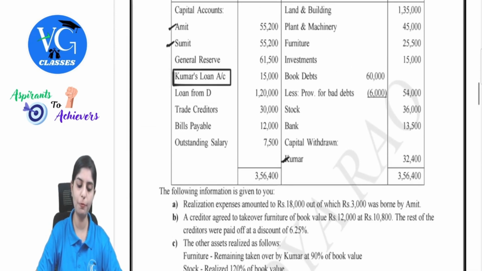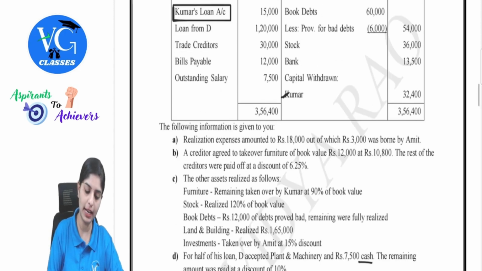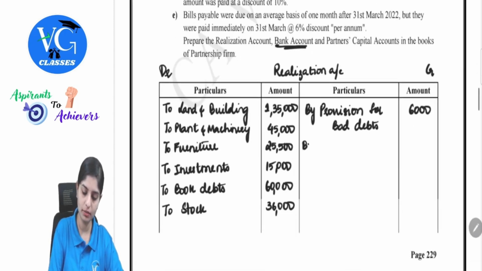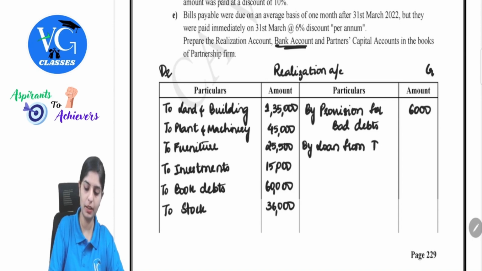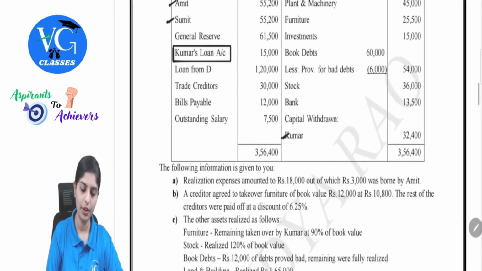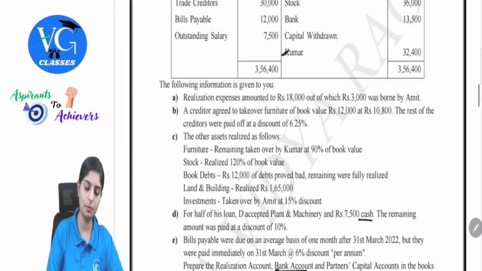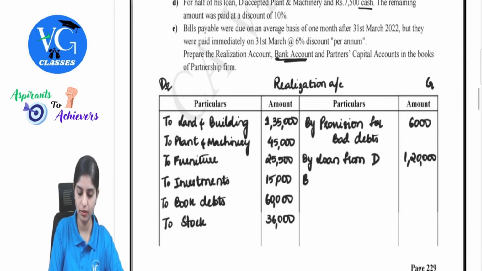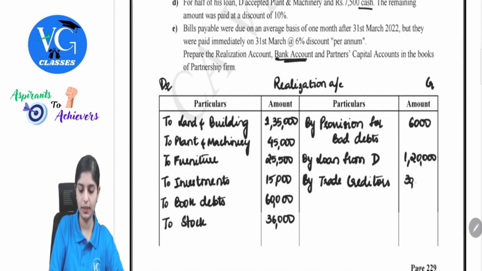Next point, loan from D. D is an outsider. So this is an outside liability. 1,20,000. By loan from D, 1,20,000. Trade creditors 30,000. Bills payable 12,000.